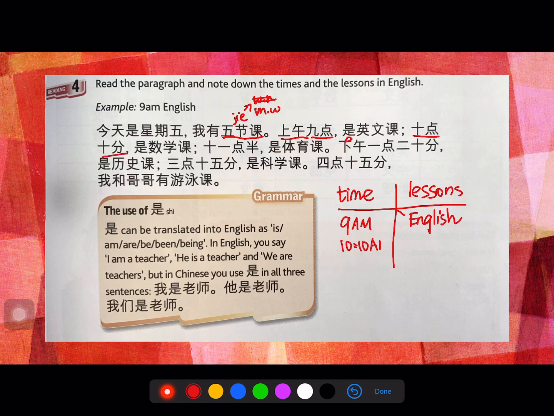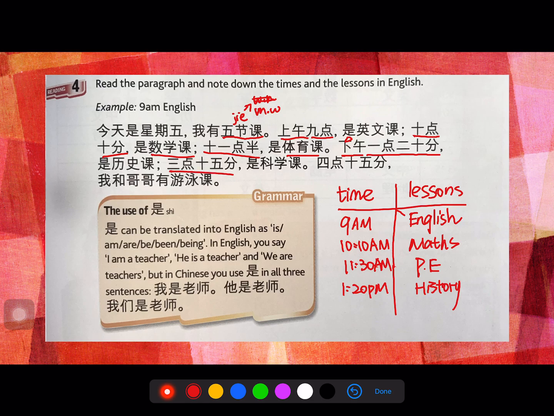So 10 past 10 是数学课 Math. 11点半 half past 11 是体育课 PE. 下午 in the afternoon 1点20分 1:20 是历史课 History. 3点15分 3:15 是科学课 It's science.